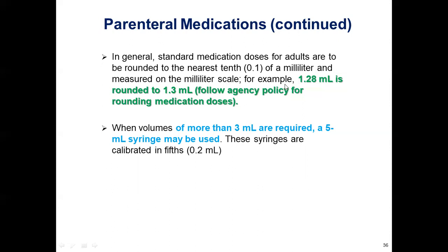For example, if it is 1.28 ml, it is rounded to 1.3. Why? The reason being, 1.28, we said it should be rounded to 1.3.